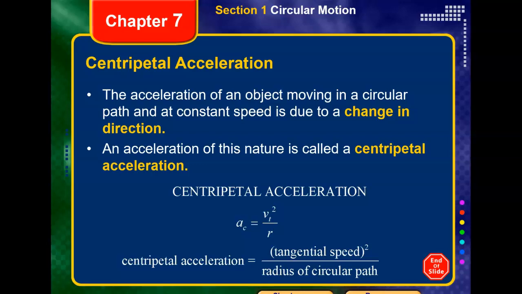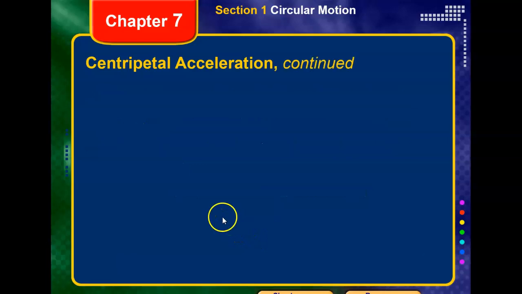That's the rate that you change the direction that you're rotating. So again, tangential speed, a straight line speed, measured in meters per second, calculated by 2 pi times your radius divided by your period. That squared, divided by your radius, is equal to your centripetal acceleration.